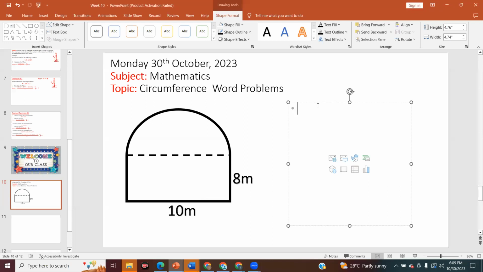So the first question here is, let's say that this diagram represents a window.